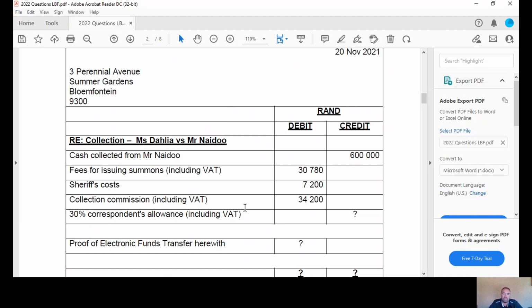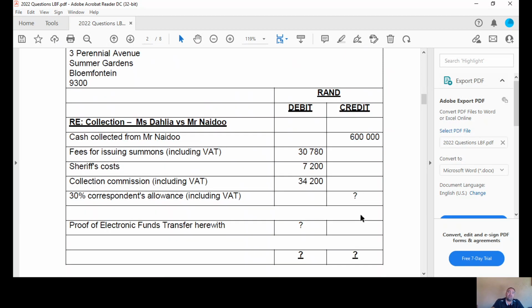So your 30% correspondence allowance that you've got to enter on the question mark will basically be 30% of the fee and the collection commission. Okay? And then the line item below that, you will need to have proof of electronic funds transfer herewith. So basically then you pay the balance which is left over to your client, Gray Attorneys, from your trust account.